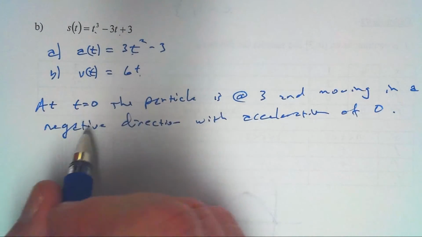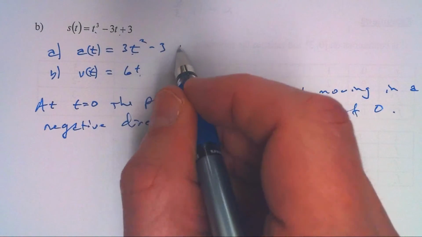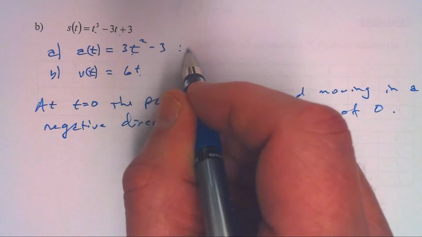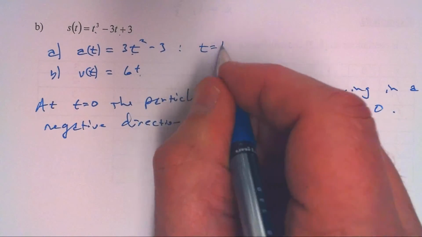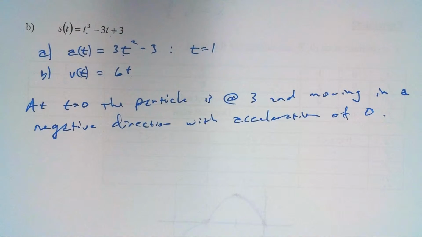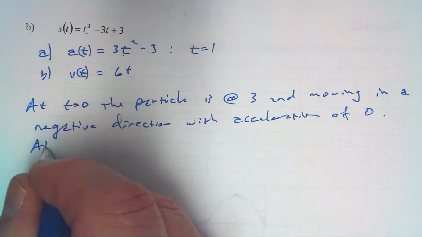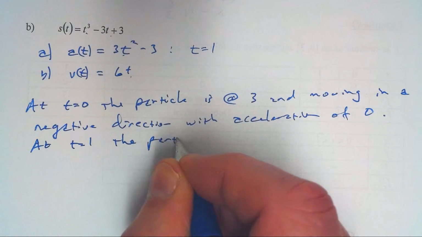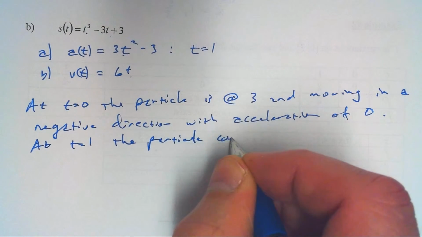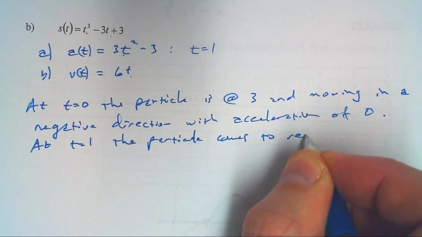Okay. The next maybe interesting thing to talk about would be if I set this equal to 0, I get t equals plus or minus 1 after a little bit of algebra, but I only want to use 1 because t is supposed to be bigger than or equal to 0. So at t equals 1, the particle comes to rest.